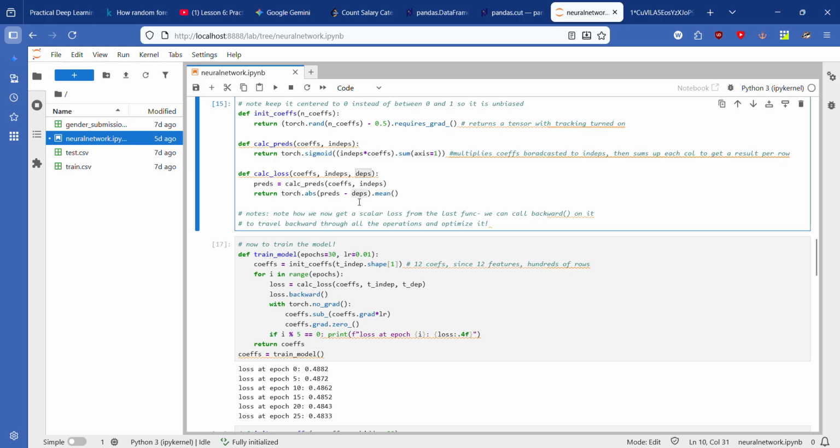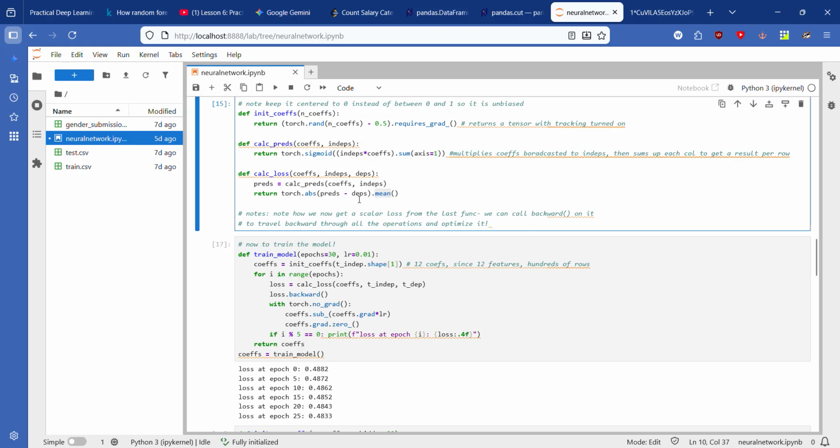By subtracting them, it's going to give us the difference, and then we do a mean to find the average, and on average we would get a single number of how well our model performed in reality.